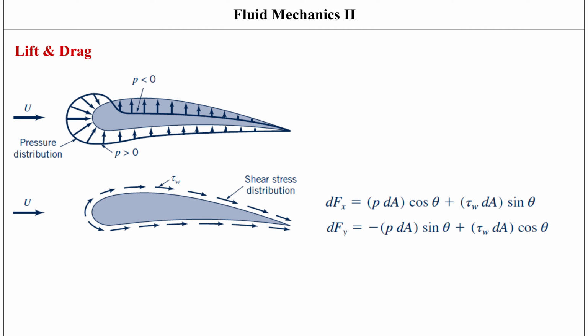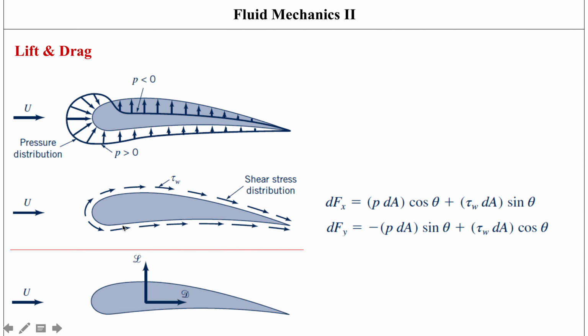And so instead of working with that, what we do is we talk about resultant forces instead. So if we are making the resultant forces out of the normal stresses and the shear stresses, the resultant force that would be in the direction of the upstream velocity is basically termed as the drag force.